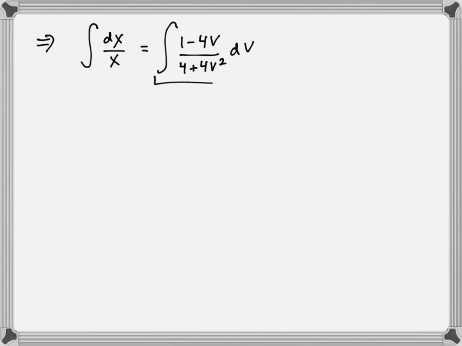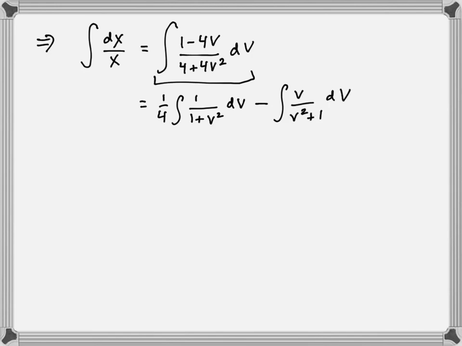The right side, we can actually make this 1/4 times the integral of 1 over 1 plus v squared dv minus, and then if you pull out a 4, that just goes away. The 4 on top and the bottoms go away, and so we're left with v over v squared plus 1 dv. We can just integrate this in two separate pieces.